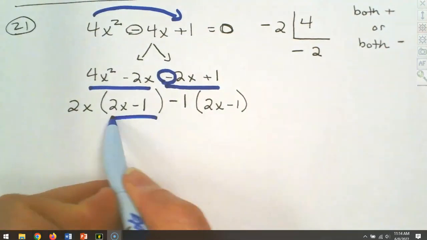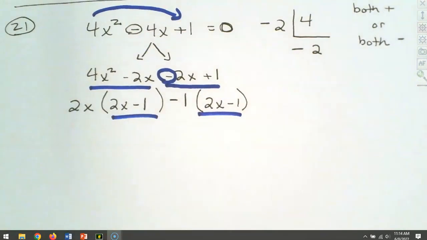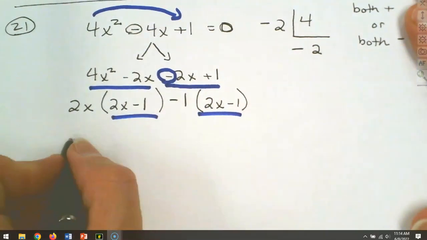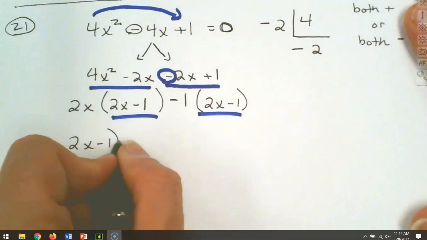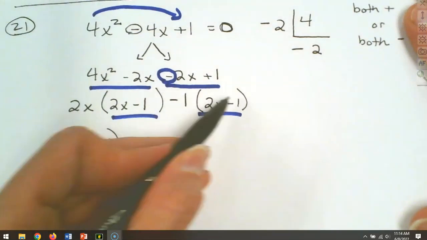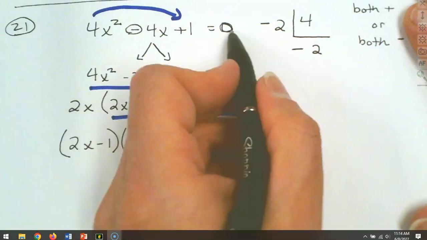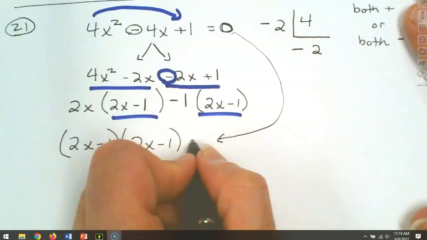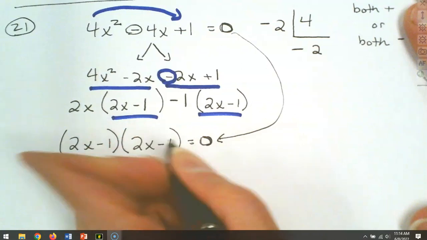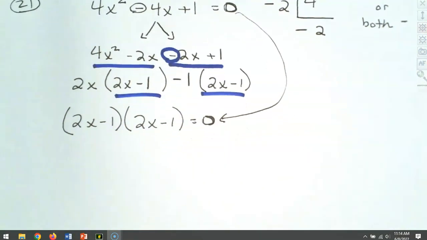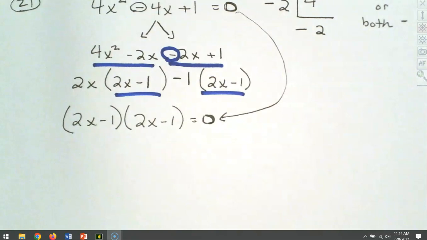Are my parentheses exactly the same? Yep. So now we have 2x minus 1, gone, gone, and an additional 2x minus 1. Now, this one is easy because these are the same.